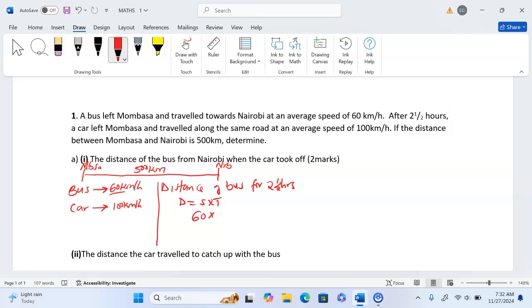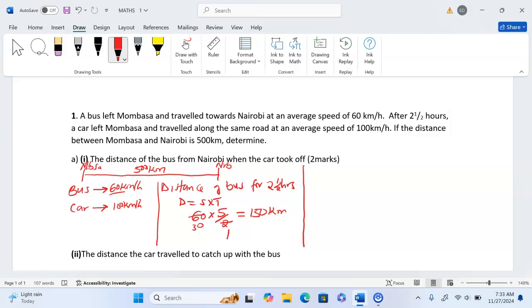We multiply by the time, which is 2.5 converted into improper fraction, becomes 5 out of 2. If you simplify, 2 goes into itself once, it goes into 60 30 times. 30 times 5, you get 150 kilometers. That means the bus has covered 150 kilometers when the car starts.